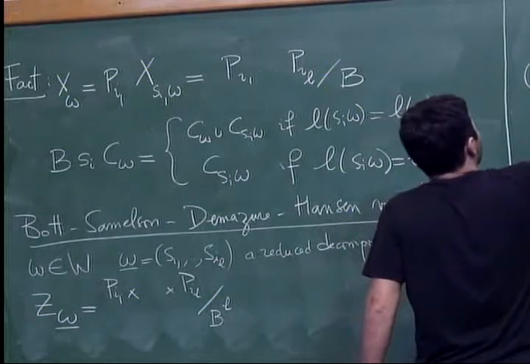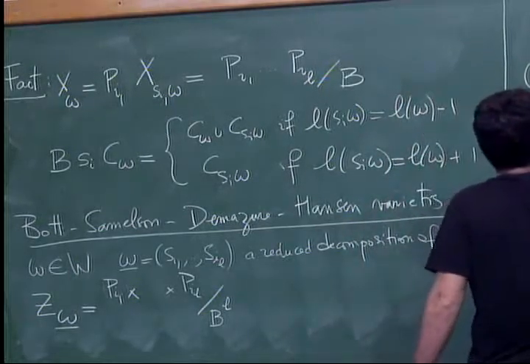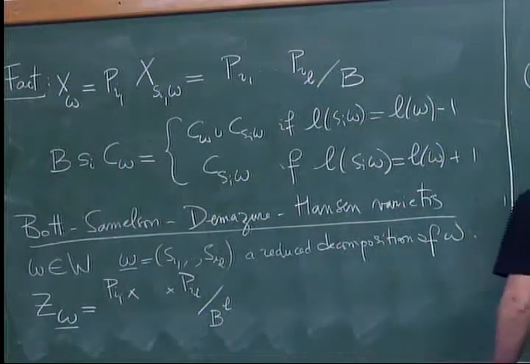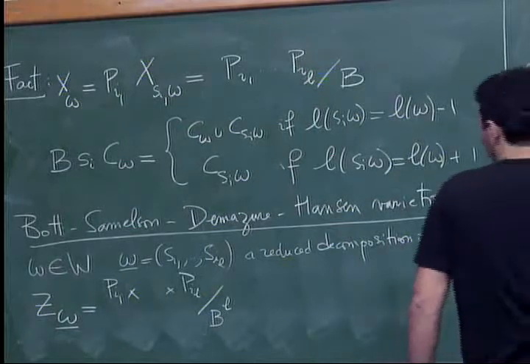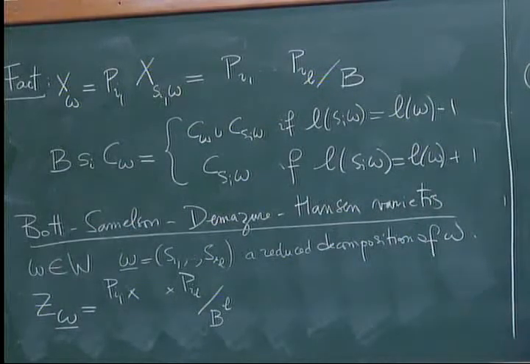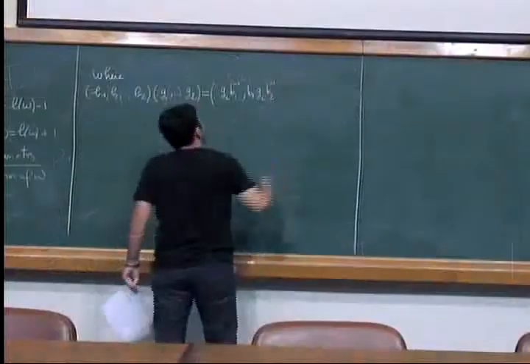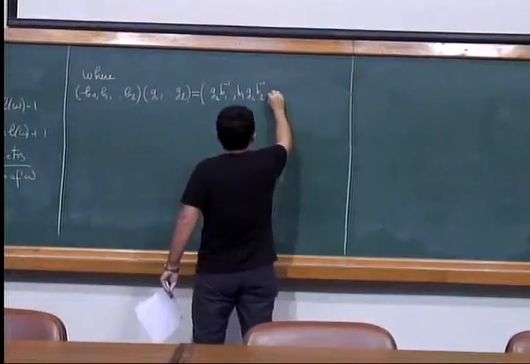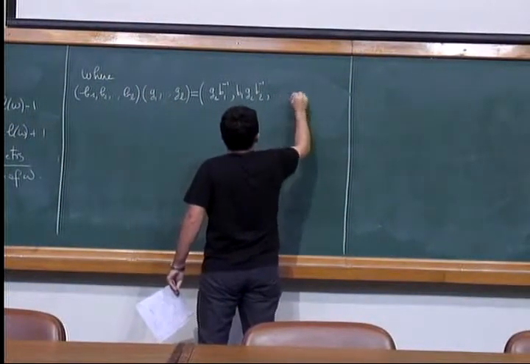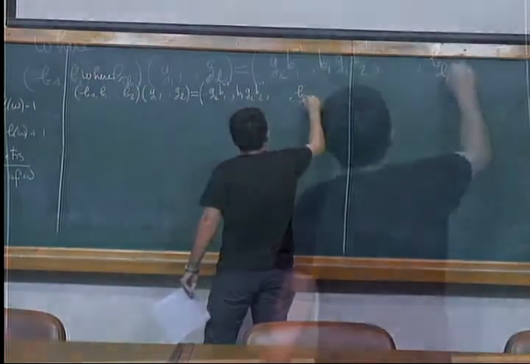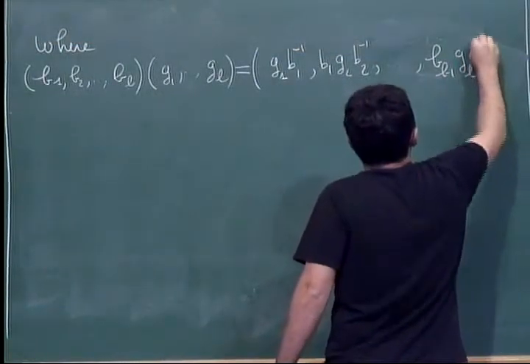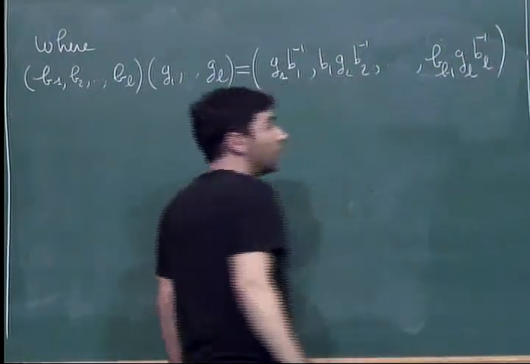B1, B2, BL act on G1, GL by the formula: G1, B1 minus 1, B1, G2, inverse of B2, and so on, B L minus 1, GL, inverse of BL.